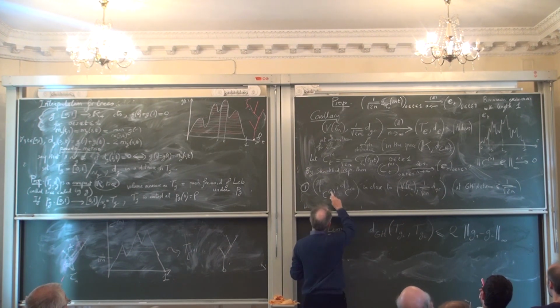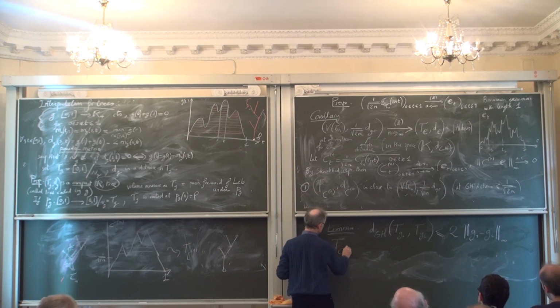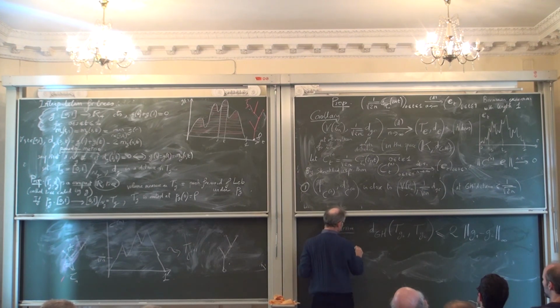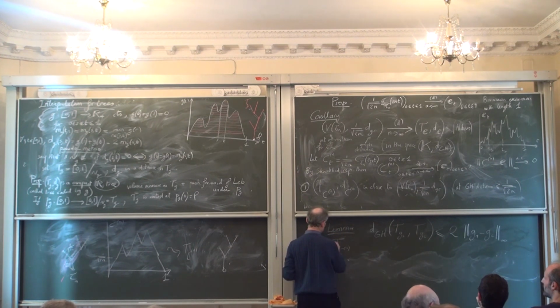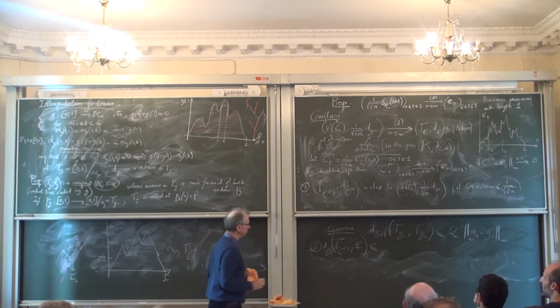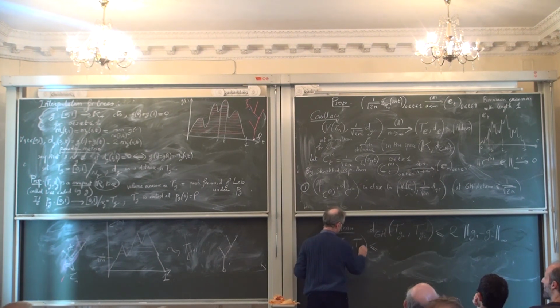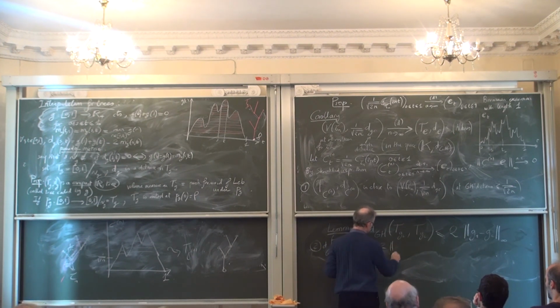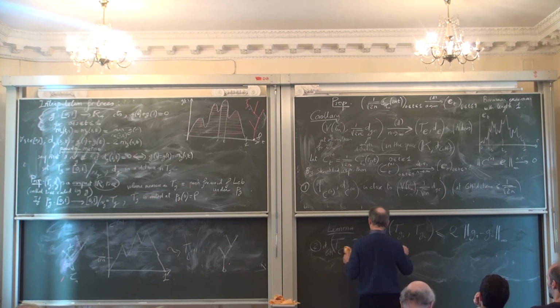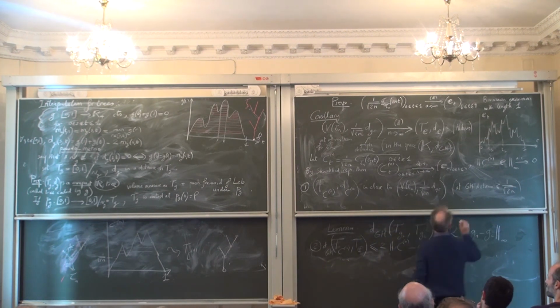And as a consequence, if you look at this tree T_{C_n}, and its Gromov-Hausdorff distance from the tree coded by the Brownian excursion, this is bounded above by 2 times the uniform norm of C_n minus e. And precisely, I told you that this tends to 0 as n tends to infinity.